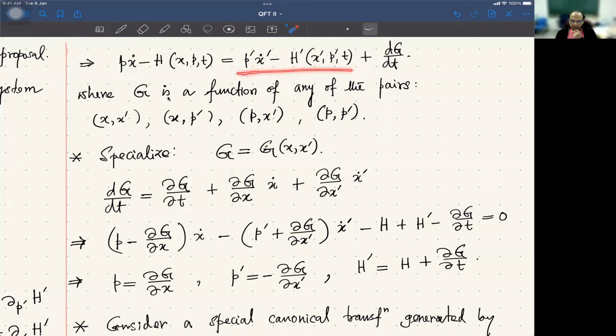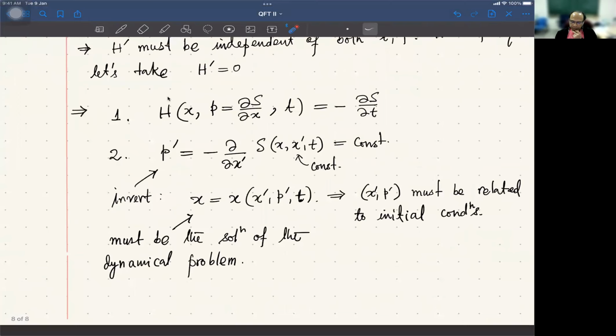So the first two terms are 0. So dS dt is equal to p x dot minus h. So let us use that.